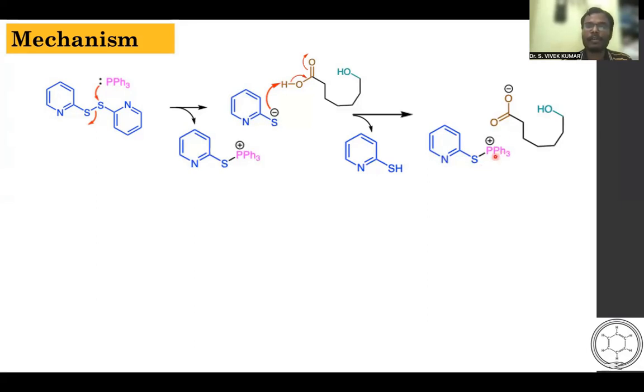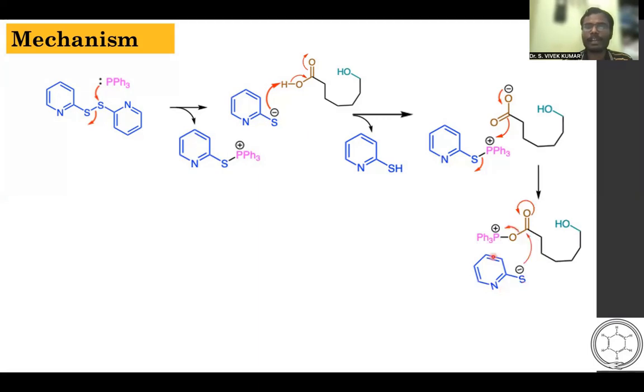Now you look at how that reaction works. The O negative charge comes in, this pi bonded electron attacks the phosphorus, and as a result the phosphorus-sulfur bond breaks down, which leads to this type of intermediate. Now this intermediate readily reacts like this.